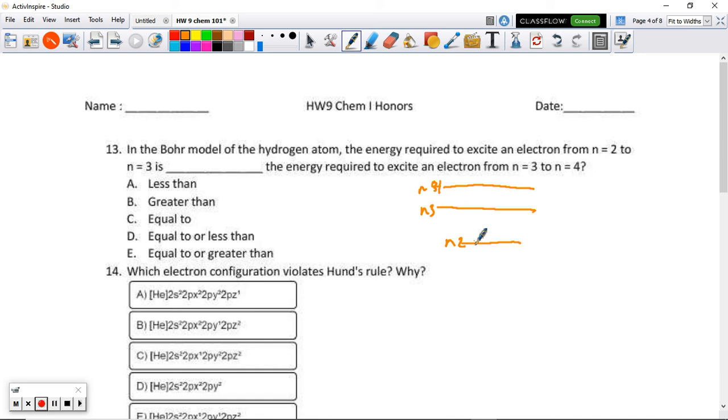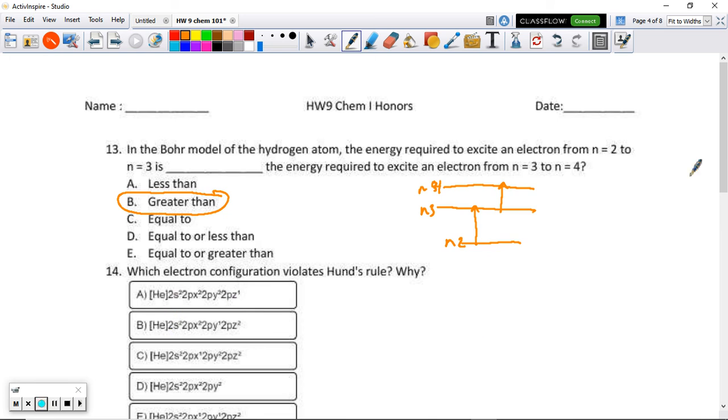All right, so to move an electron from here to here takes more energy than to move the electron from here to here. So the energy to go from N2 to N3 is greater than the energy to go from N3 to N4.